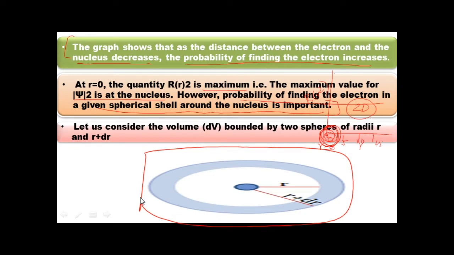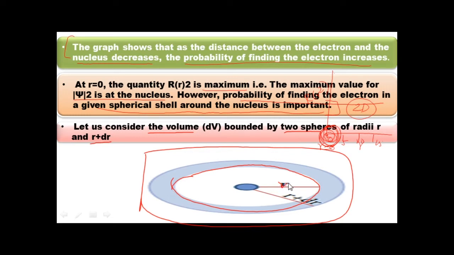We consider the volume bounded by two spheres of radius r and r plus dr. The first radius is r. For example, take a football or a volleyball without air. Without air, the ball has less shape. That first position is the radius r.